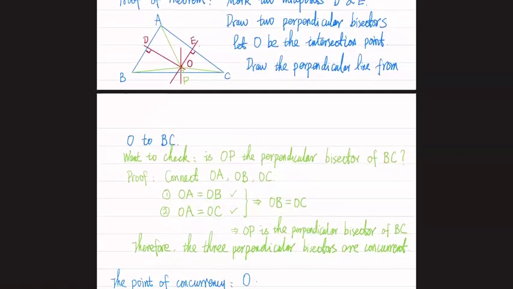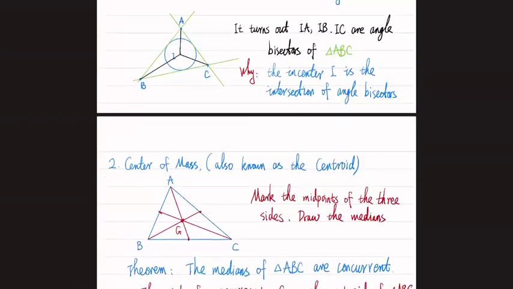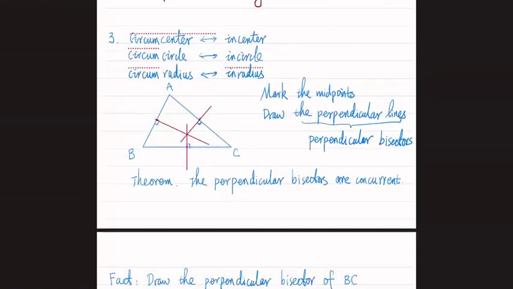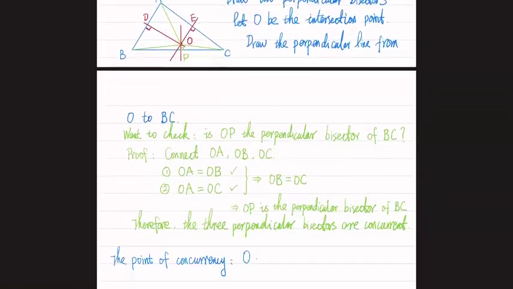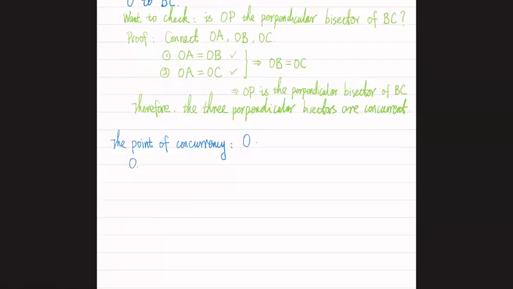We call this radius R. To distinguish it from the previous one, the small r, this one I will write as a capital R. Point of concurrency: OA equals OB equals OC. We call it R. Now we draw the circle.